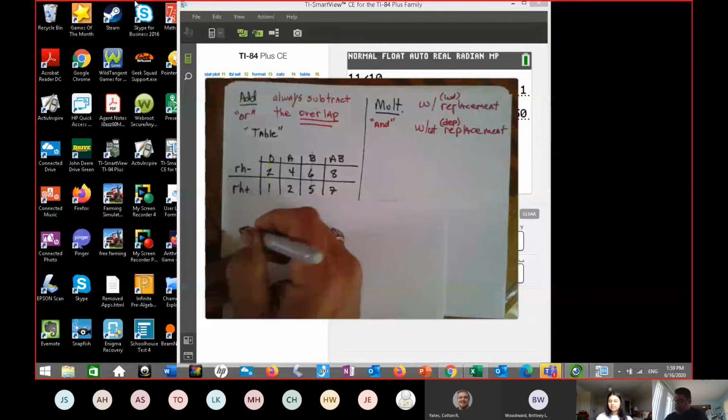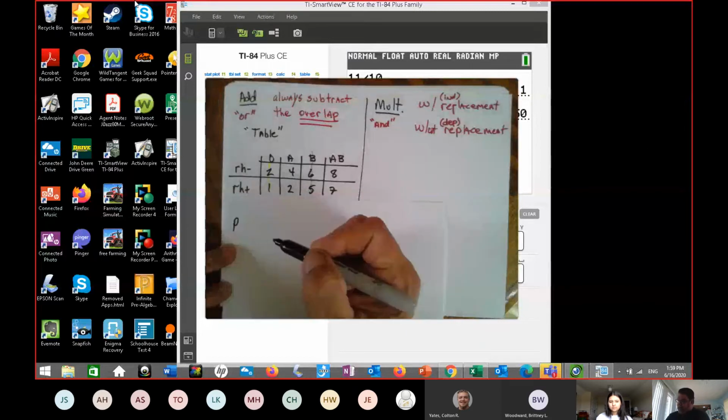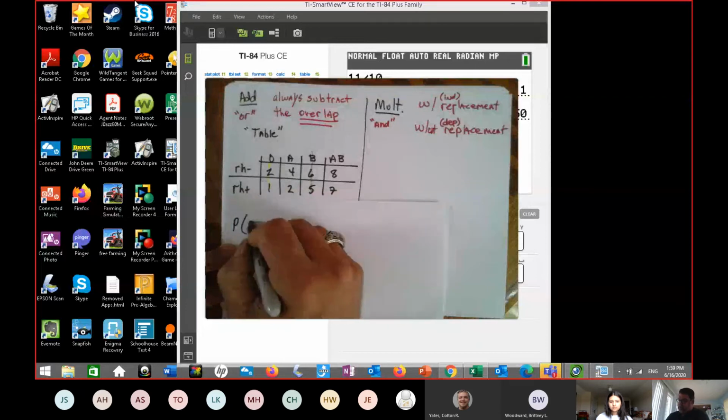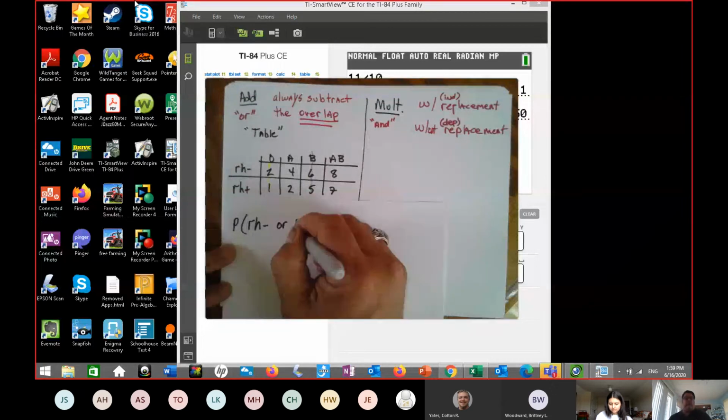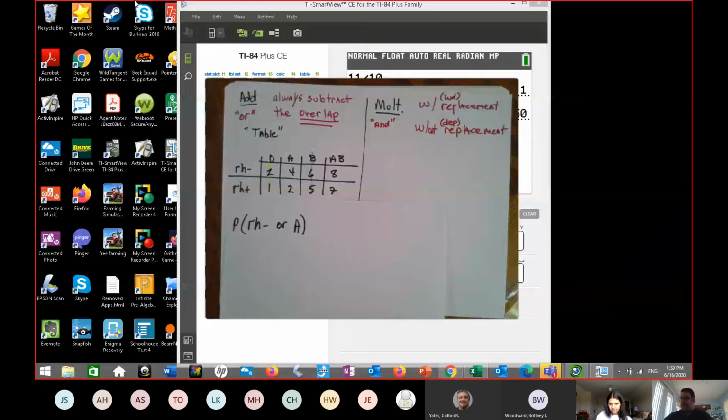What is the probability of RH negative or A? So I'm going to take my highlighter and use 2 different colors.